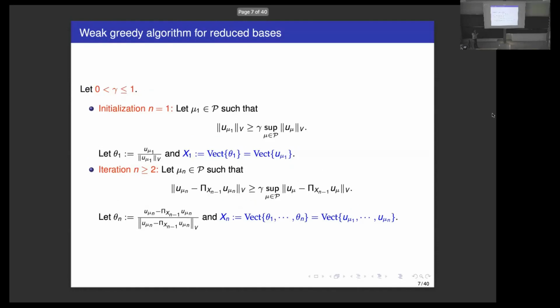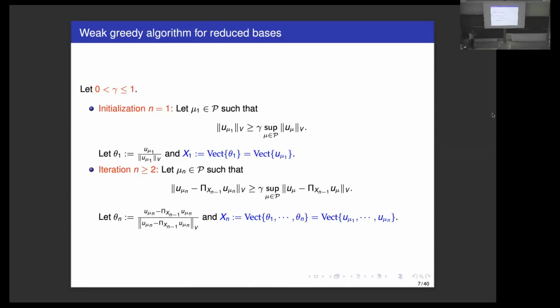So mu1 does not have to be the arg maximizer of the norm of u mu, but just has to satisfy this relaxed condition. And at iteration n, you've got a similar kind of relaxation of the previous condition, in the sense that the parameter mu n will be such that the error between u mu n and its orthogonal projection onto the space Xn-1 will have to be greater than gamma times this supremum here. Okay.